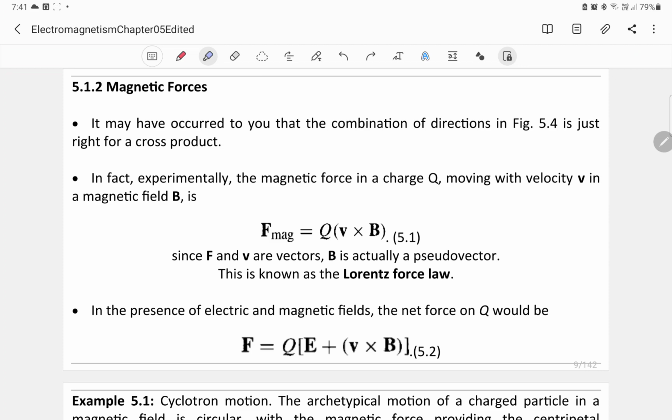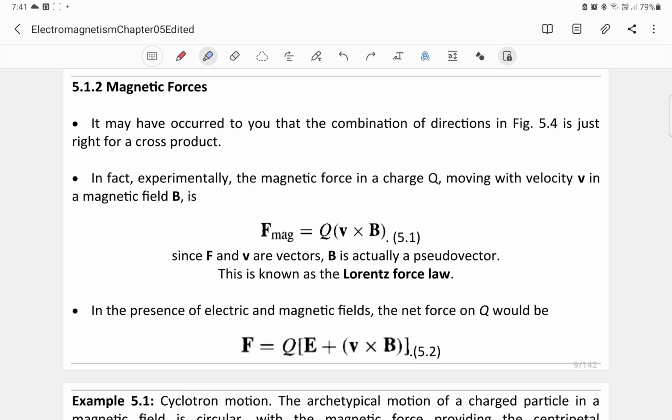So looking back at the figure, you had v, the direction of the current or the velocity of the charge, B, the magnetic field, and F, mutually perpendicular vectors. You would think that this could be operated by a cross product, and if you're thinking that, you're right.